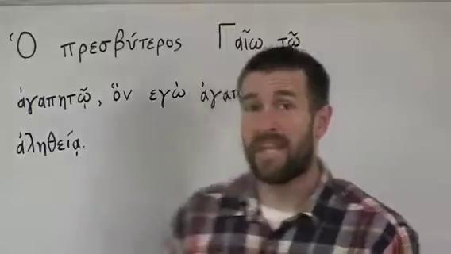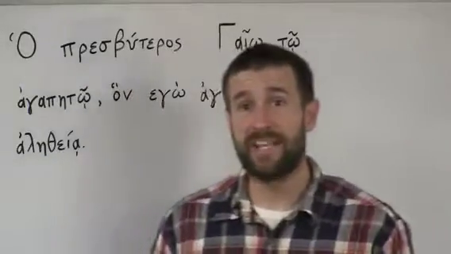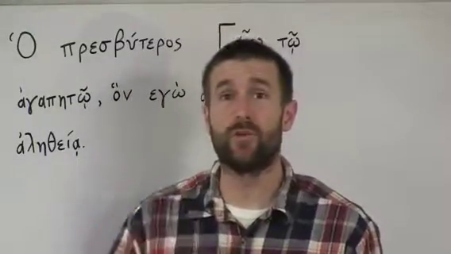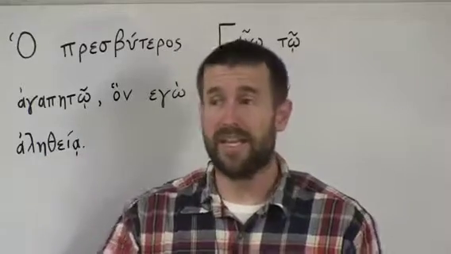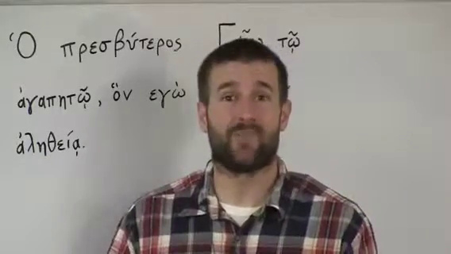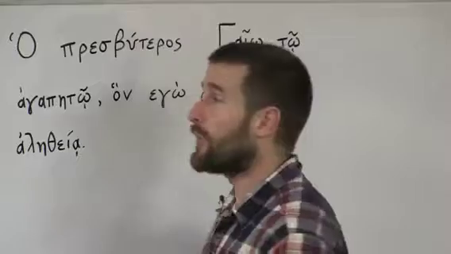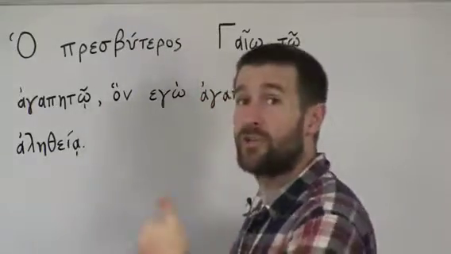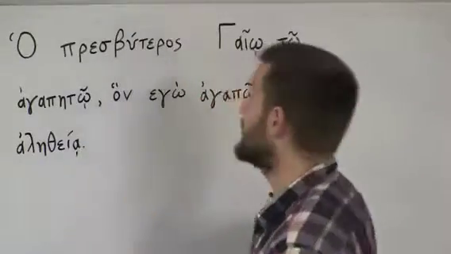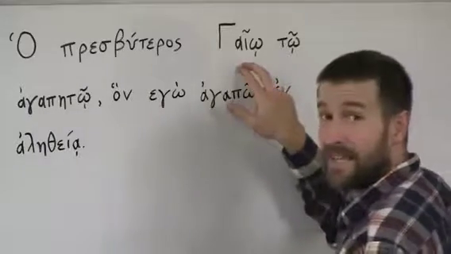Now, if you remember, in another lesson, I explained to you that the dative case answers the question to whom or for whom. It is like the indirect object in English, okay? So because the letter is being written unto Gaius or to Gaius, that is expressed in the dative case.